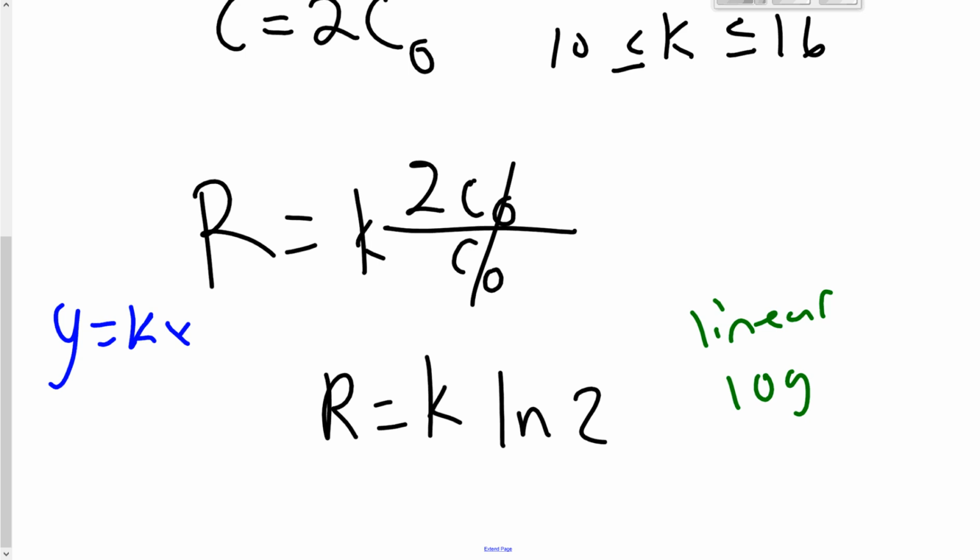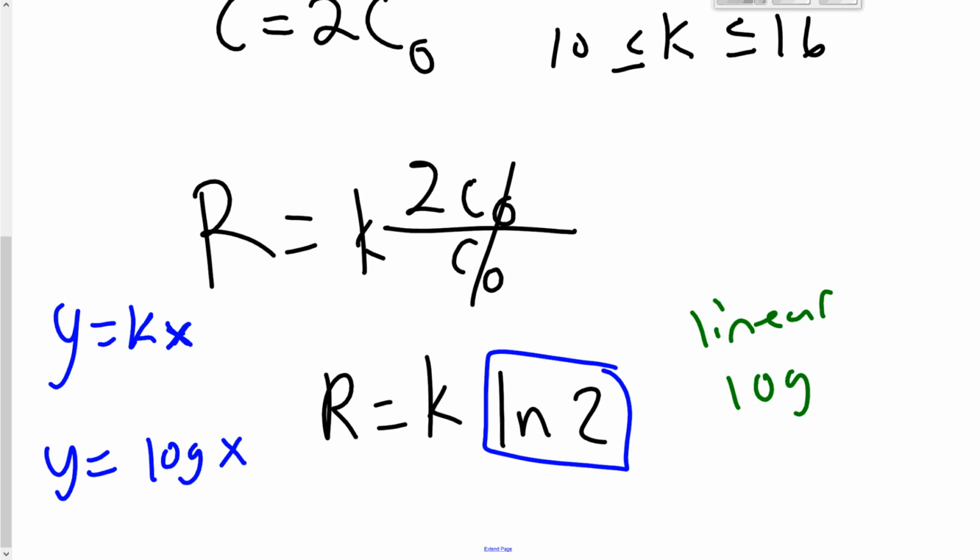So to be a logarithm, you would need a variable in with your log, right? So y equals log of x, right? But here, this one, ln 2 is just a number, right? So it's just a constant. So this is actually a linear relationship.